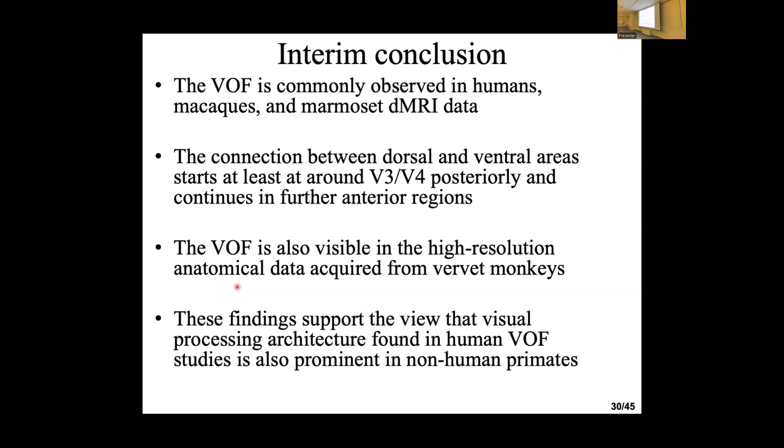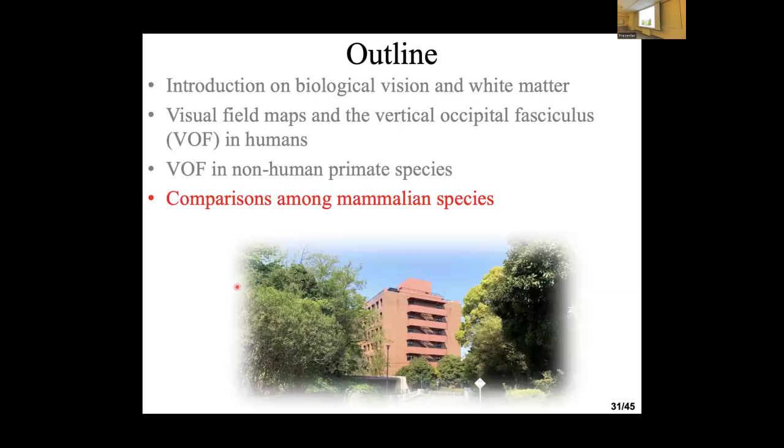This finding supports the view that the visual processing architecture found in humans, the VOF, is also prominent in non-human primates. So the final question is how much this organization principle of the vertical occipital fasciculus can be applicable to other mammalian species.